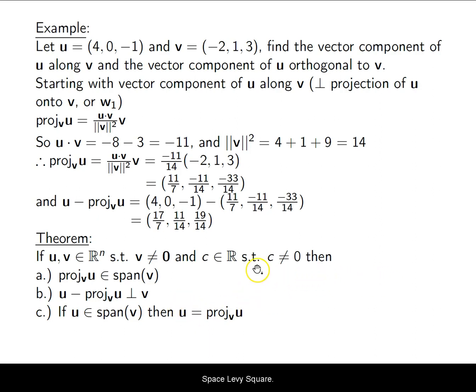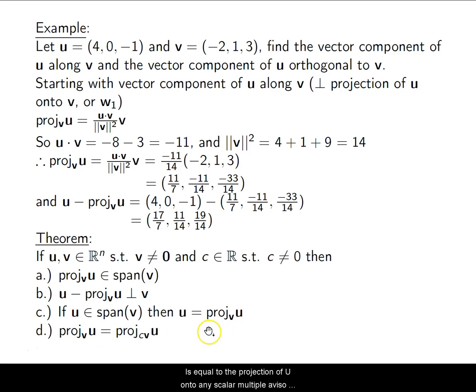It's basically V squared to an extent. But U is that component that runs along with V. Okay, sorry, got tripped up on words for a second. The last one is that the projection of U onto V is equal to the projection of U onto any scalar multiple of V. So it doesn't matter how long V is, that projection of U down onto V is always the same thing. Okay.